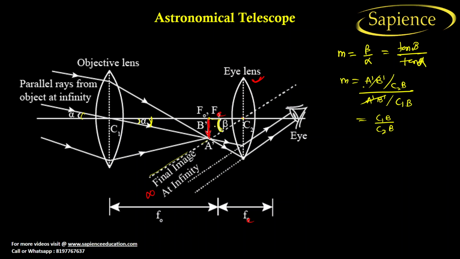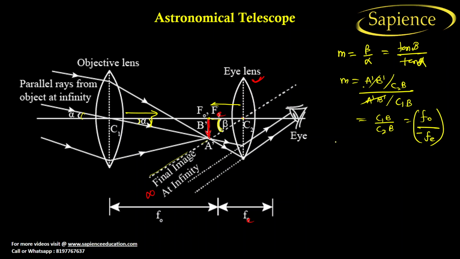Now what is C1B? C1B is the focal length of the objective, so this is equal to fo. Since it is in this direction, we can take it positive. What about fe? fe is in the opposite direction, so this length is fe. C2B is basically fe, so we can put fe with the negative symbol.